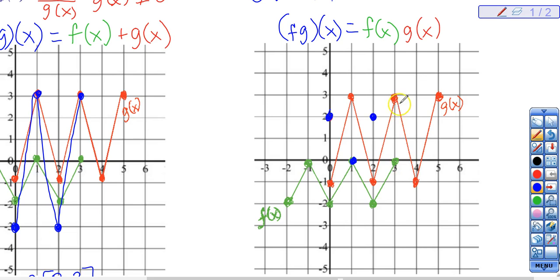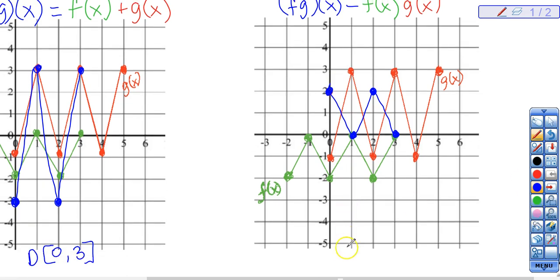And 0 times 3, 0. And that's it. We can just graph those 4 points, and of course all their in-between points as well. And there you have it. You can multiply them where they share a domain. So what's the domain of this function? 0 to 3 closed. There it is.